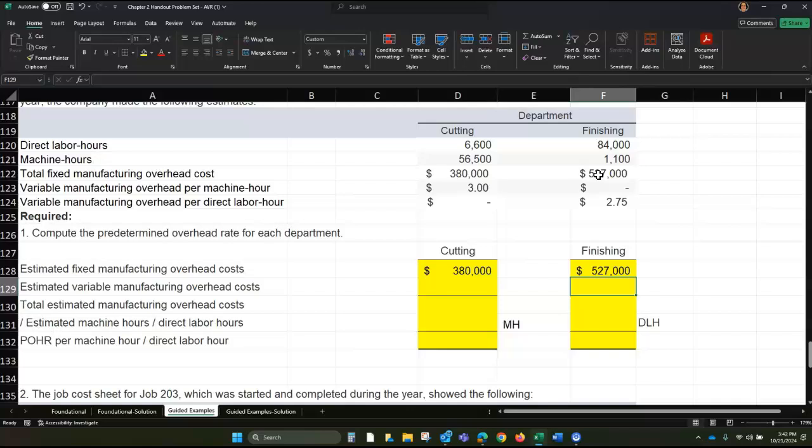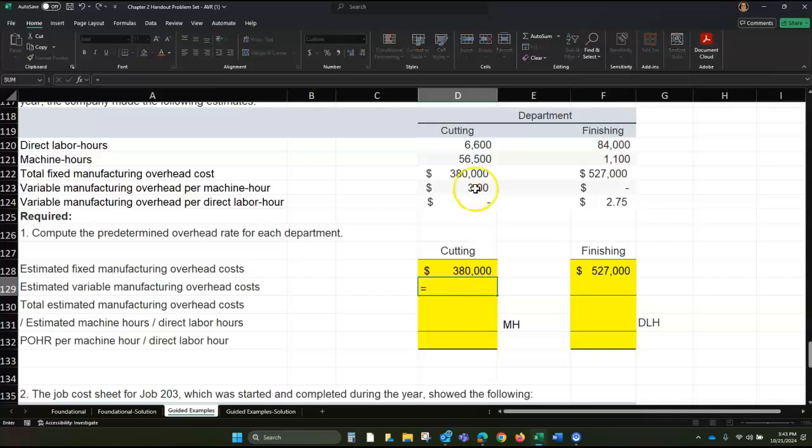All right, then we need the estimated variable manufacturing overhead costs. Now in the cutting department, we need variable manufacturing overhead cost. Are we allocating based on machine hours or direct labor hours? Machine hours.